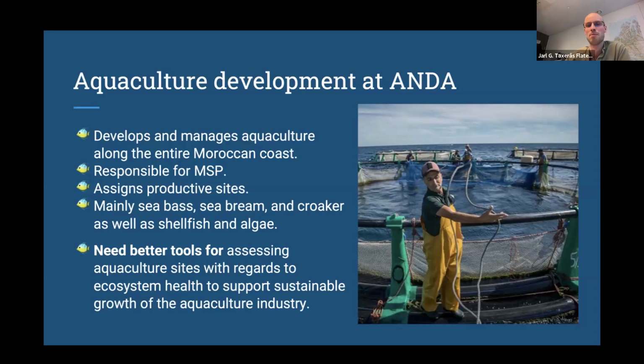These are not the same species that we have in Norway, but nonetheless, we can do transfer of techniques and knowledge that can be applied to these new species. And there's an acute need for better tools for assessing what is a good aquaculture site, like Houssine just discussed.